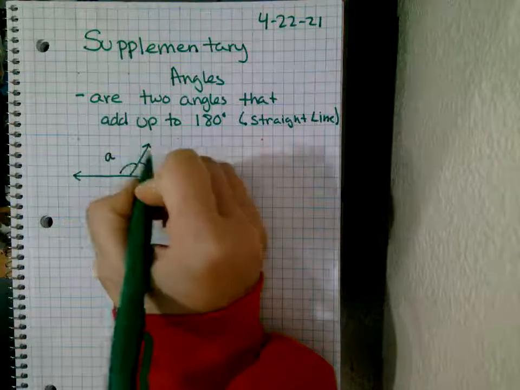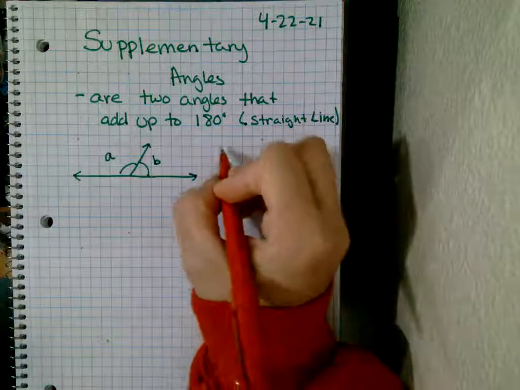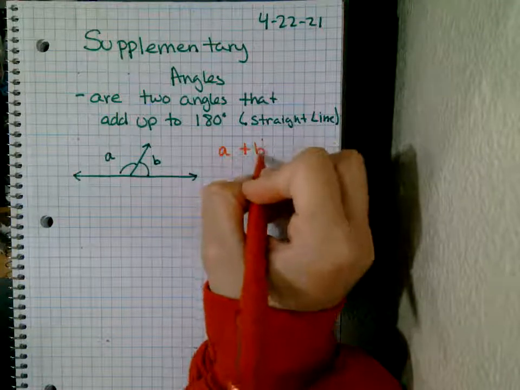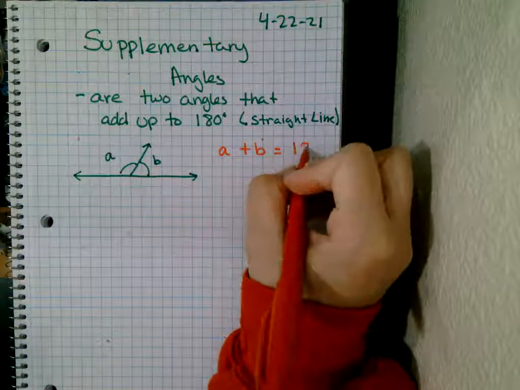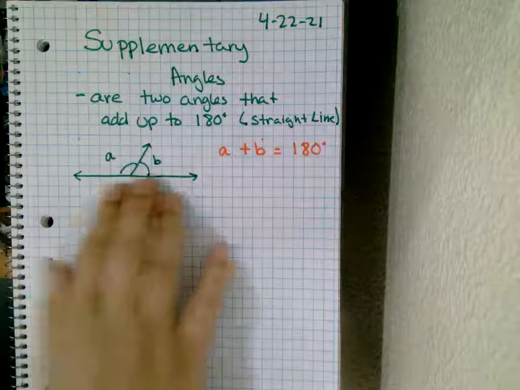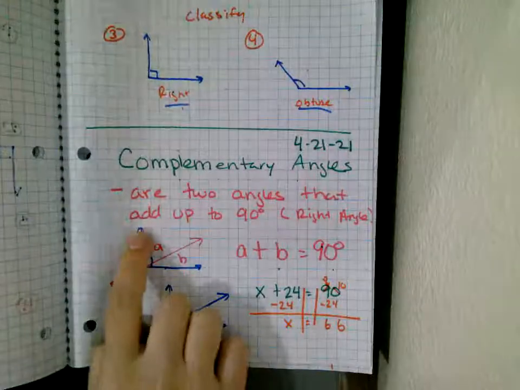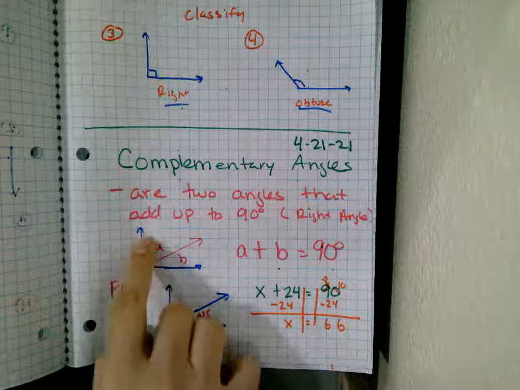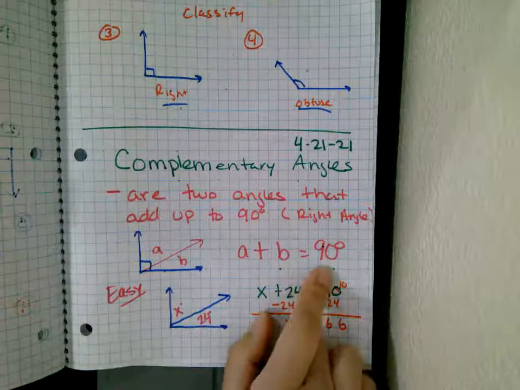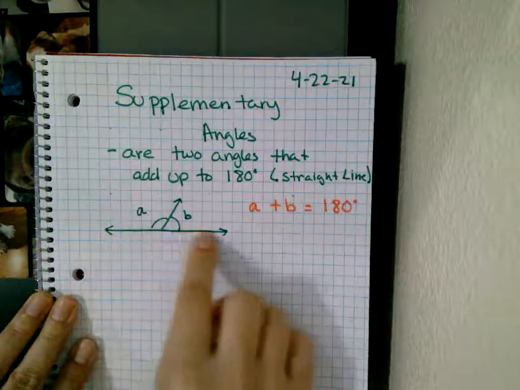So this would be angle A and angle B. If I add angle A plus angle B, it will equal 180 degrees. Yesterday, when I gave you this very similar example, it equals 90 degrees. Why? Because of what it looks like. When it looks like the corner of your paper, it's 90 degrees. When it looks like a straight line, it's 180.